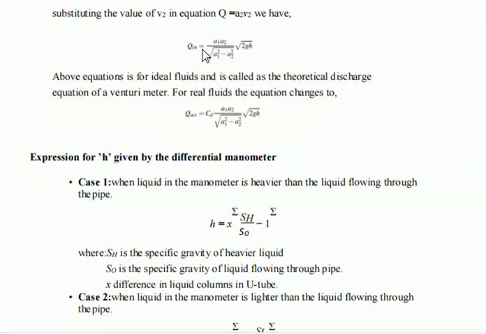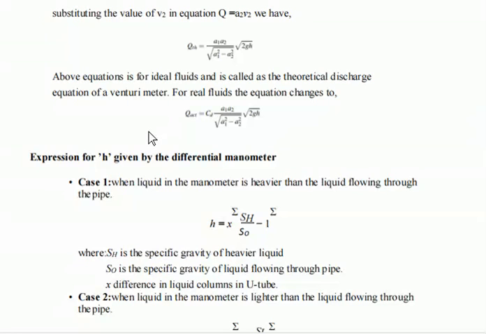From these two equations we get the discharge through the pipe by using the Venturi meter. A1 A2 into root of 2gh by root of A1 square minus A2 square gives us the theoretical discharge, and CD into A1 A2 root of 2gh by root of A1 square minus A2 square gives us the actual discharge.